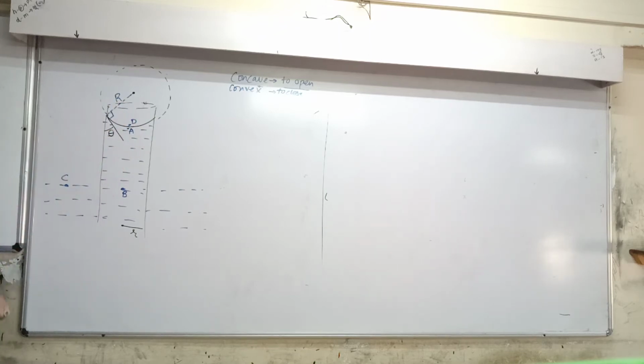You understood where A and D are? D is slightly above the surface and A is slightly below it. B and C are at the same level. Why so? Pressure here and here is equal.